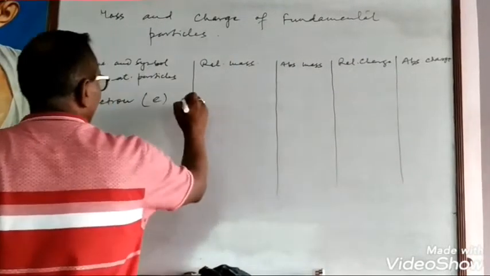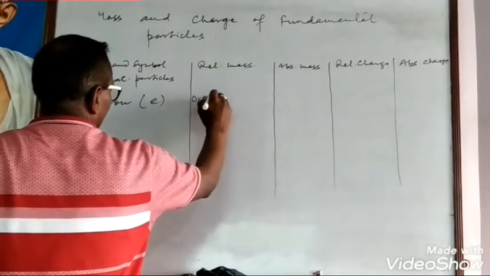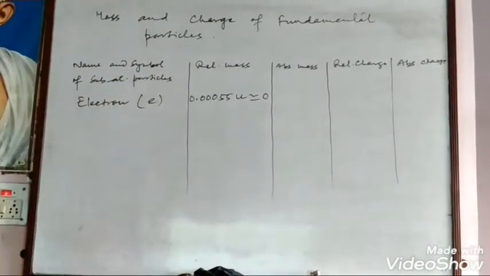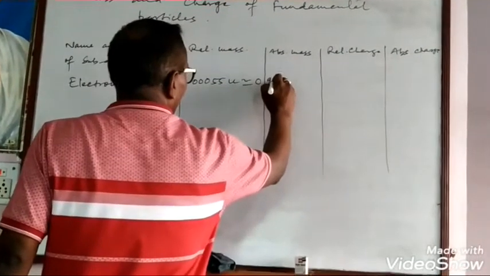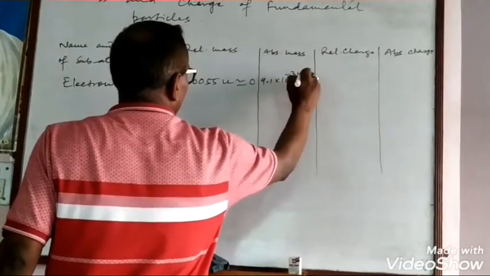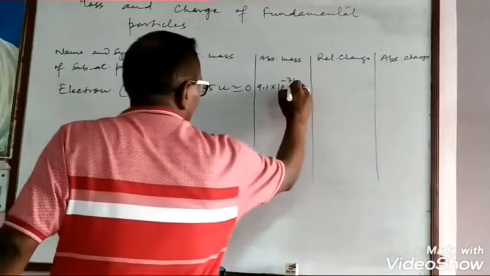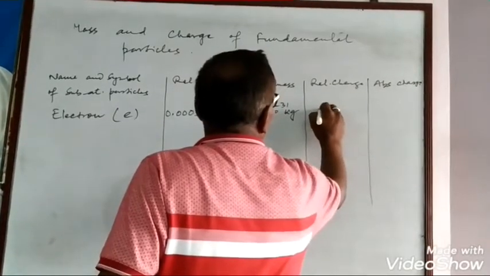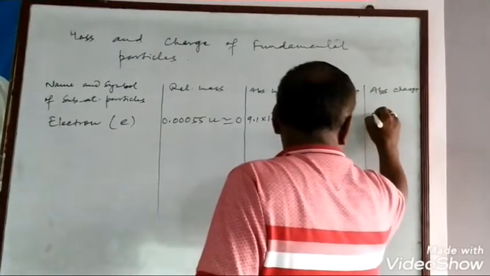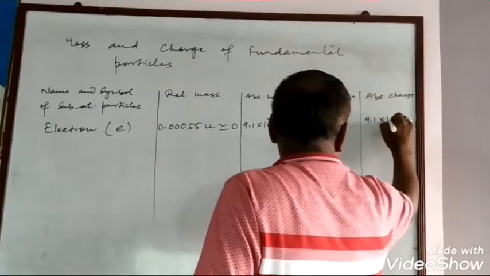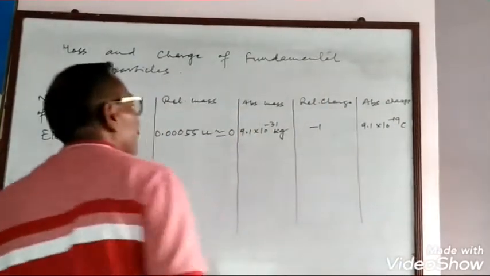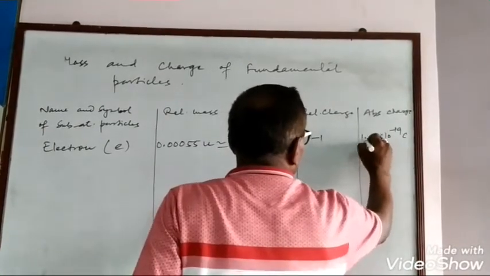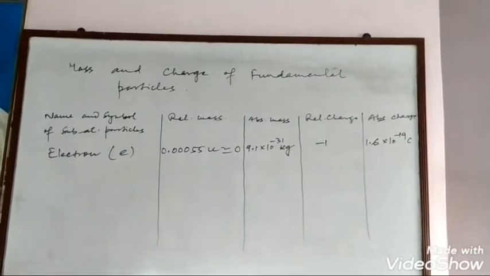The relative mass of electron is 0.00055 U, and this is very close to 0 U. Absolute mass is 9.1 into 10 to the power minus 31 kg, and its relative charge is -1, and absolute charge is 1.6 into 10 to the power minus 19 coulomb.